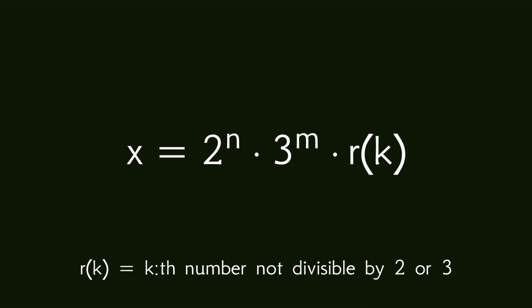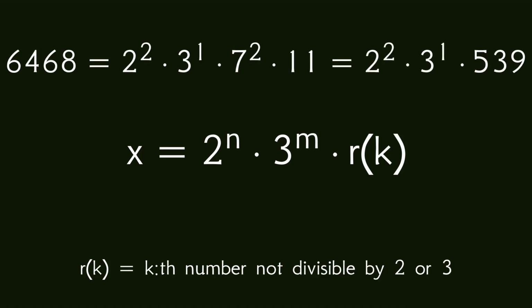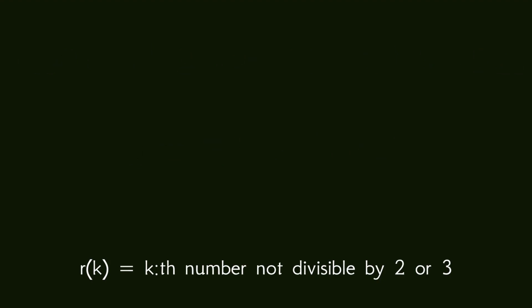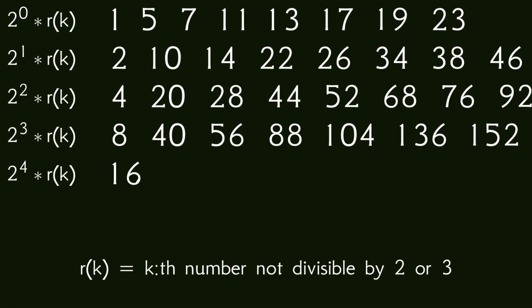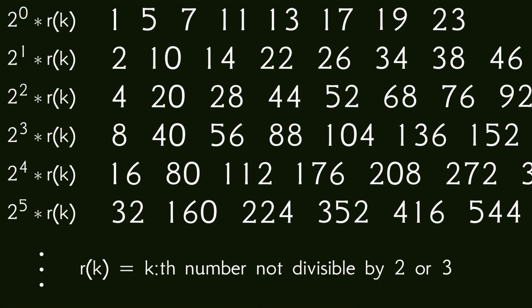If this isn't immediately clear, consider writing any given number in its prime factorization, and then just extracting the 2's part and the 3's part. So any number can be written as 2 to the n times 3 to the m times r of k, where r of k gives the kth number that is not divisible by either 2 nor 3. Well, first we can get omega squared by simply doing as before, 2 to the n times r of k.